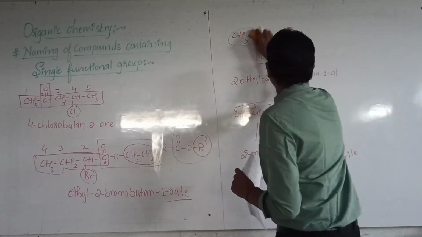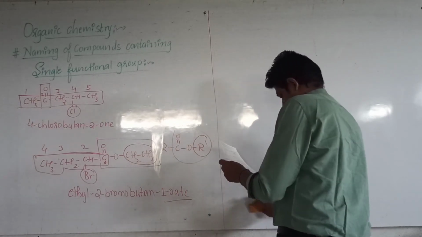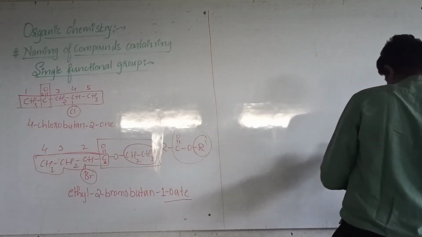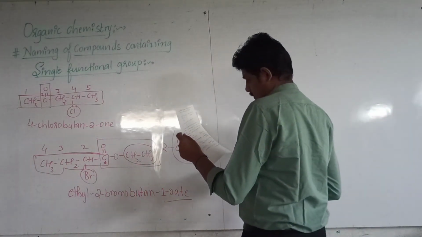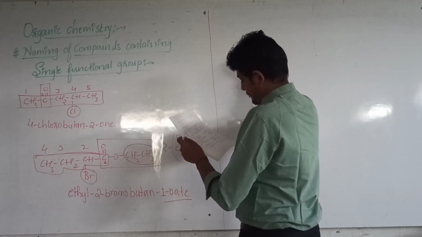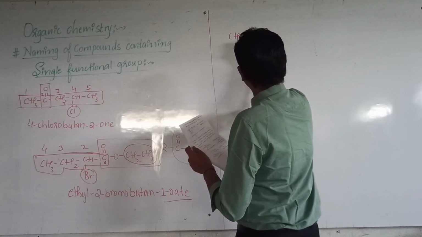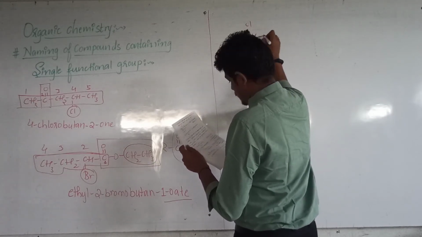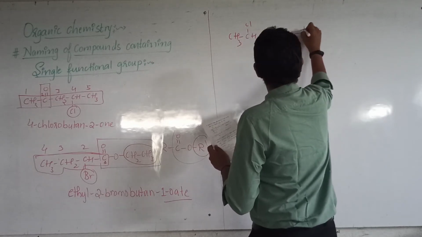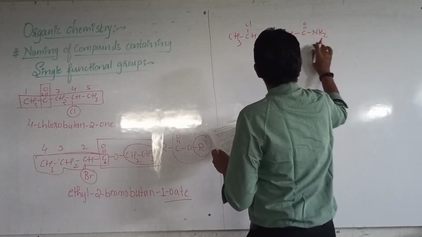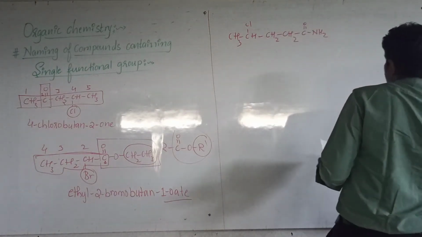Okay, then next is the last one: CH3 CHCl CH2 CH2 C double bond O NH2. Okay, so where is your functional group?